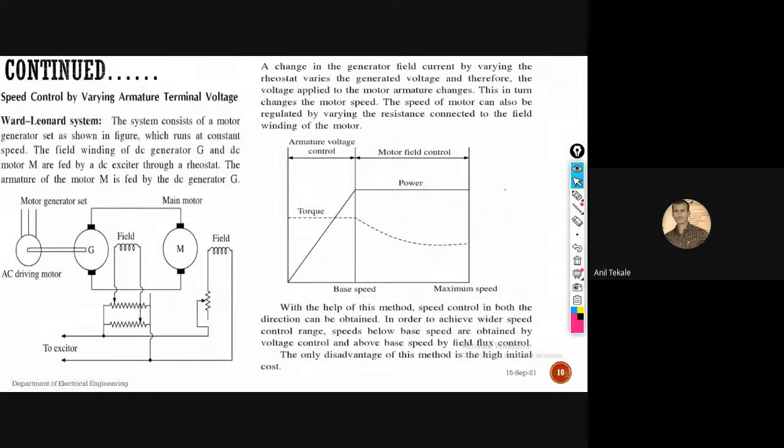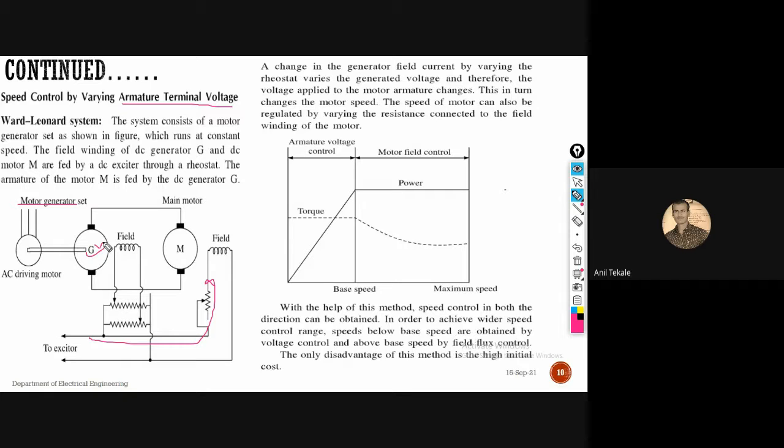Then in the case of armature terminal voltage control, with the help of the motor generator set, the MG set, we couple our motor with a generator. With the excitation provided to the field winding, we feed the supply to the motor using the generator.